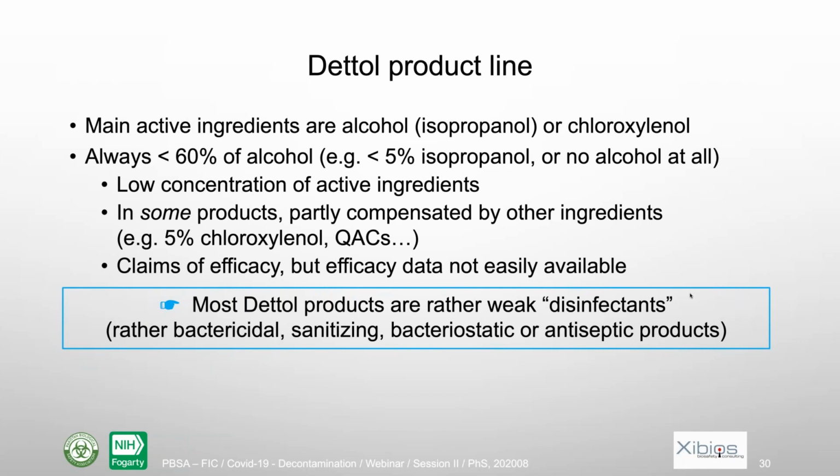And in most products, there is less than 10 or 5% of isopropanol, or sometimes no alcohol at all. There is a low concentration of active ingredients, but this can partly be compensated by the use of some other active ingredients, like chlorhexidine or quats, for instance.